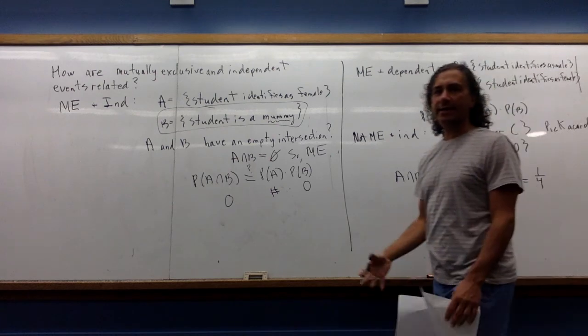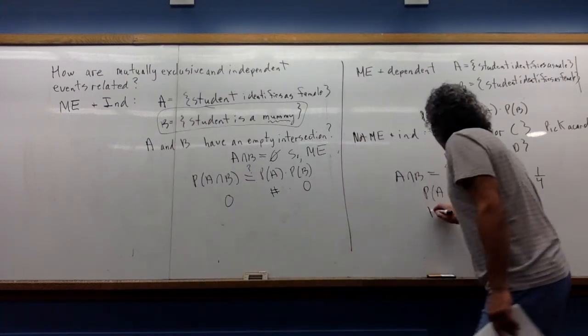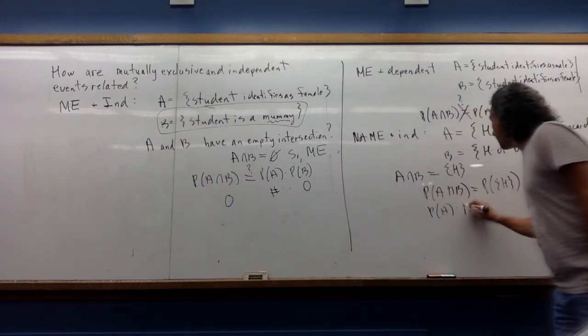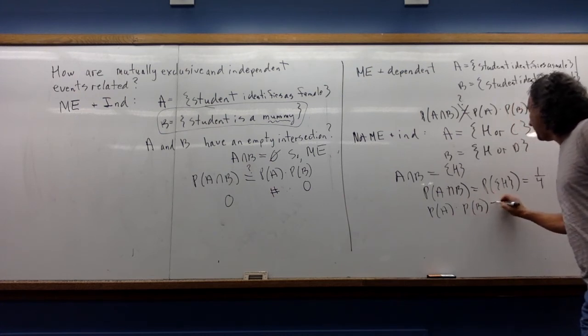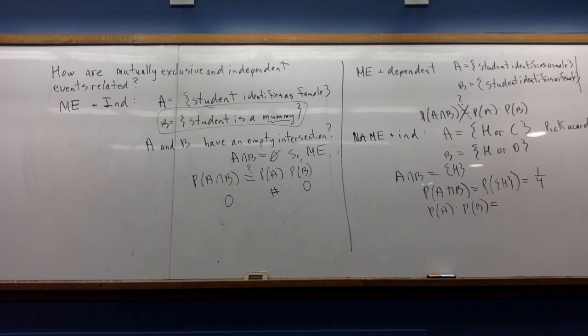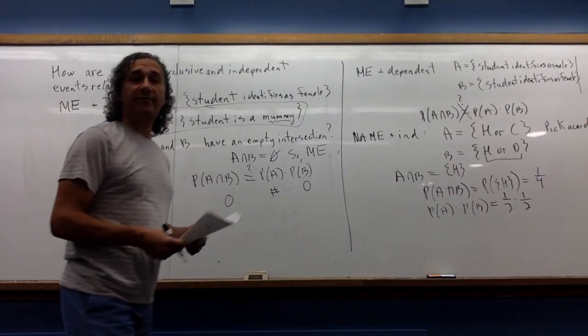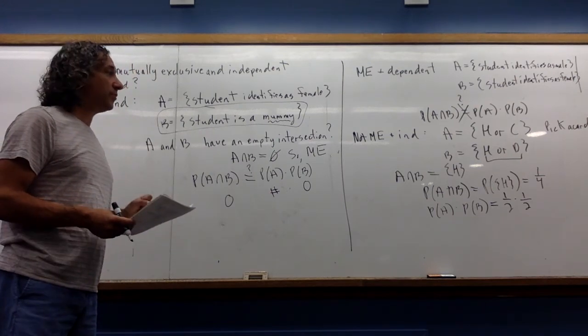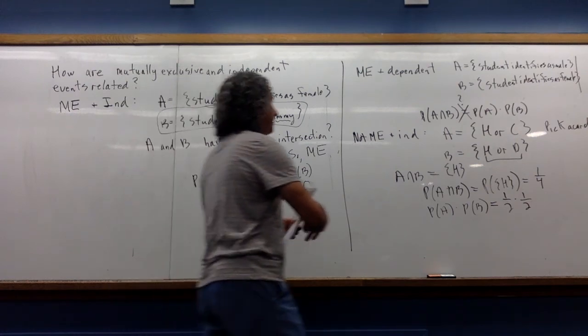A quarter of the deck is hearts. The probability of A times the probability of B: well, this is half the deck, and this is half the deck. So the probability of A intersect B is equal to the probability of A times the probability of B, so those guys are independent.